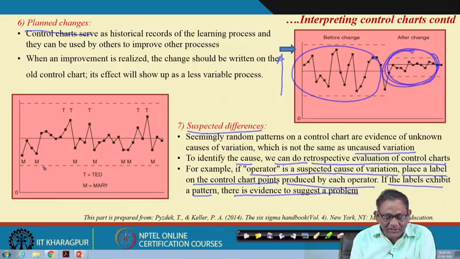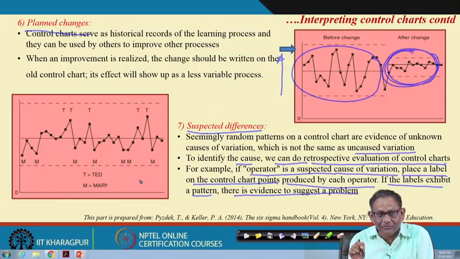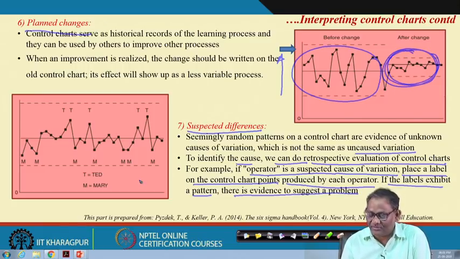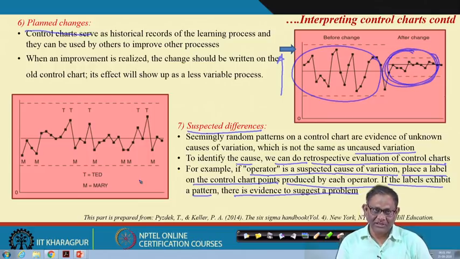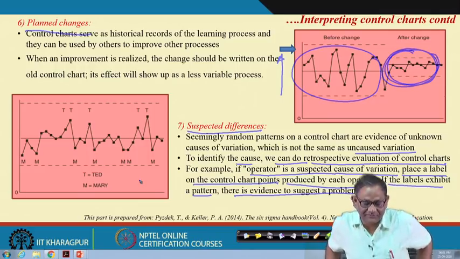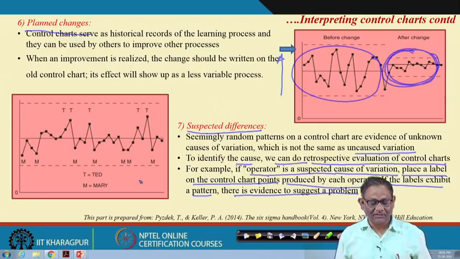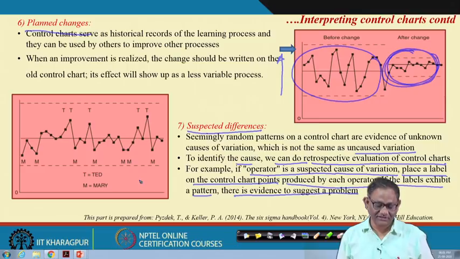And then you see whether for those labeled values you are getting any pattern or not. And then obviously, if those labeled observations exhibit any pattern, it suggests that your suspicion, the suspected hypothesis, is correct. Okay.